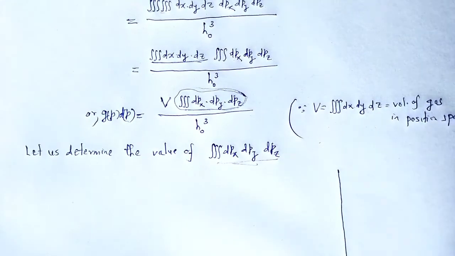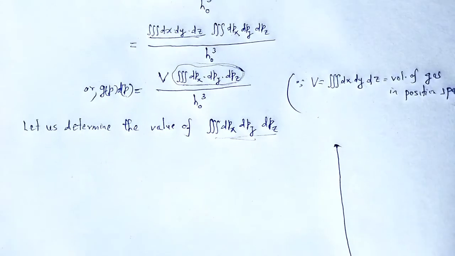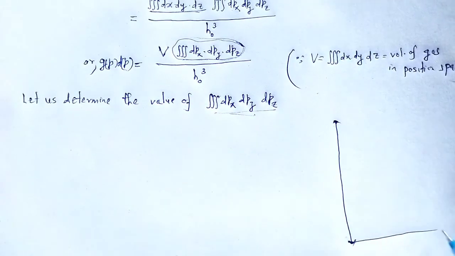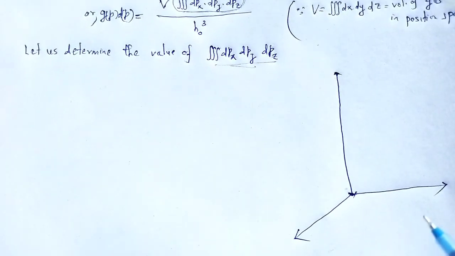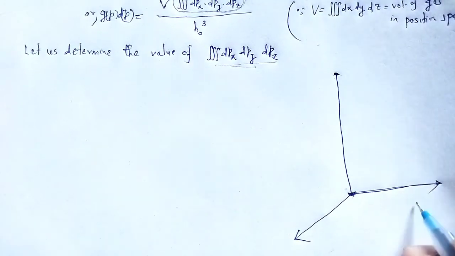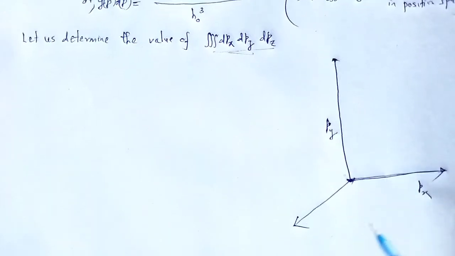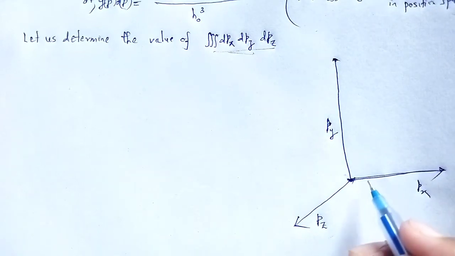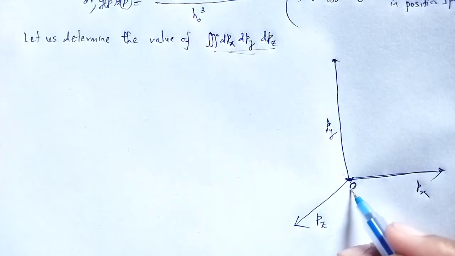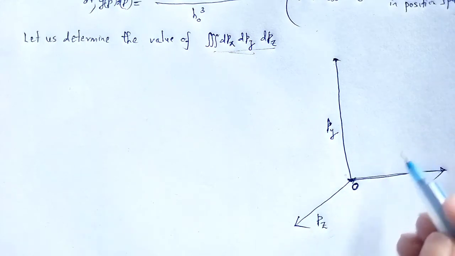Let px, py and pz be three mutually perpendicular axes, intersecting at the origin O, and draw a sphere of radius p.